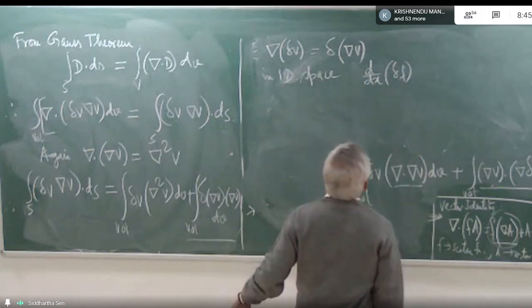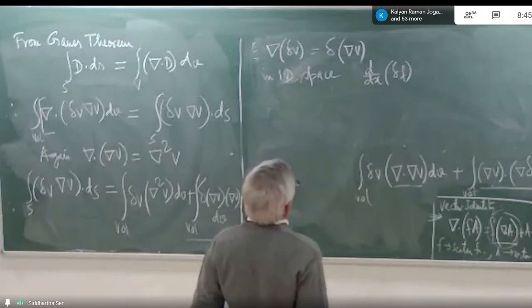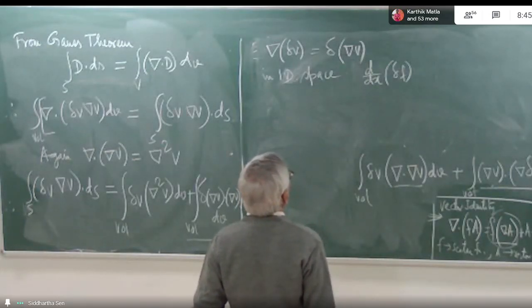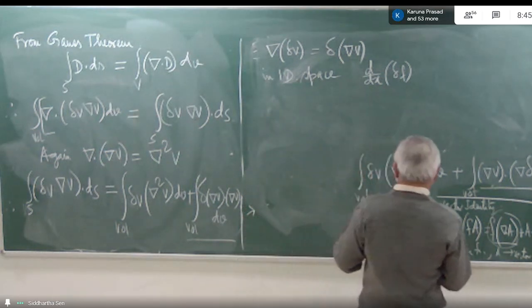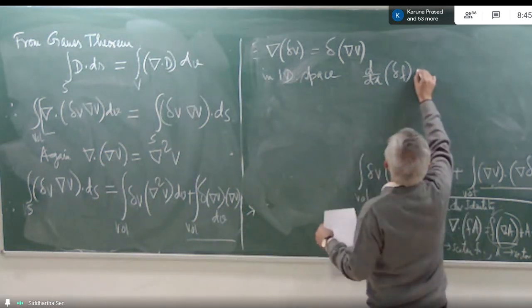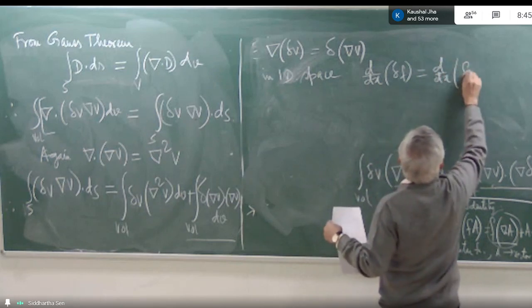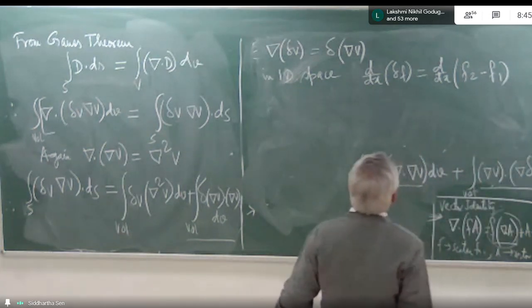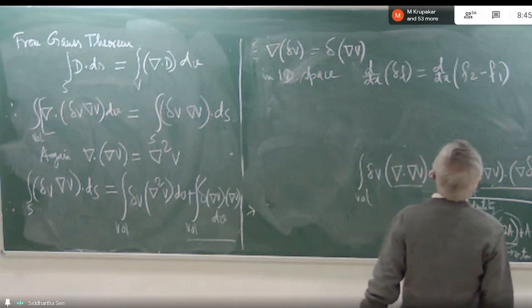Any function f is there, and the variation of the function is delta f, so this is d/dx of delta f. That is equal to d/dx of f2 minus f1. Two functions are there very close by, one is f2 and one is f1.